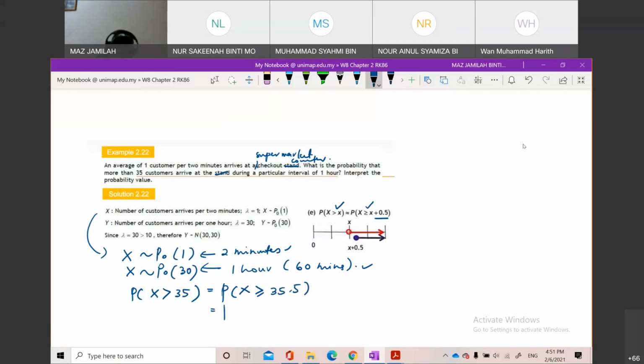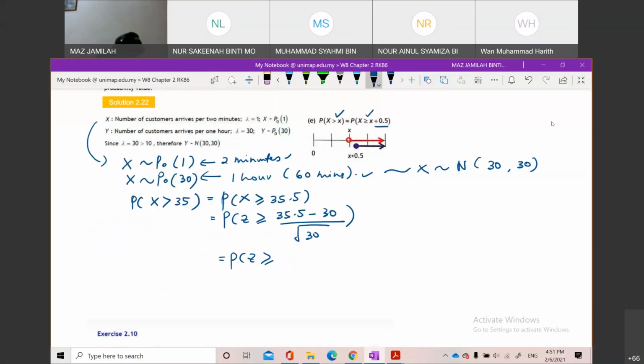Then apply the transformation: P(Z >= (35.5 - 30) / sqrt(30)). In this case, X becomes normal with mu equal to lambda, 30, and variance equal to lambda, 30.